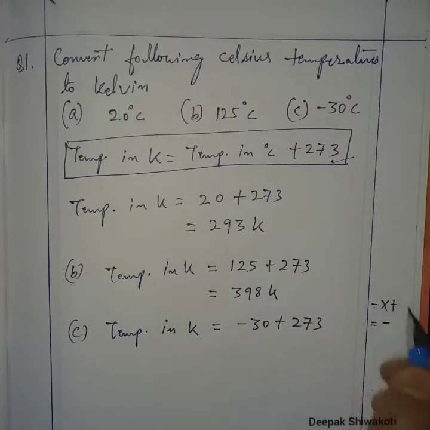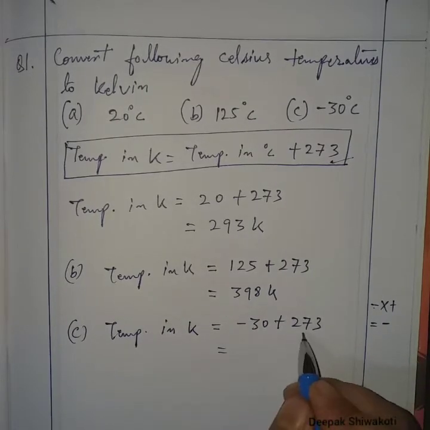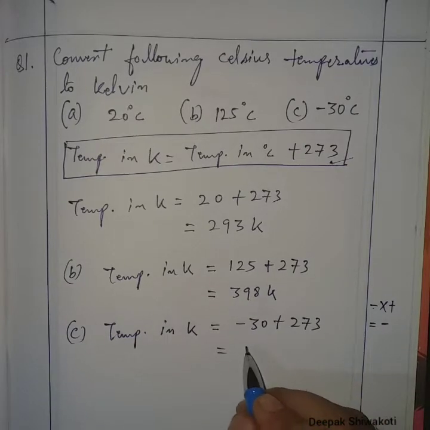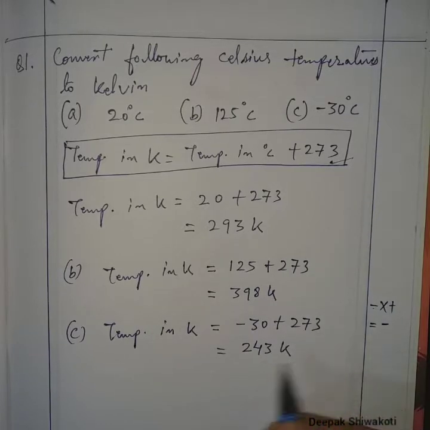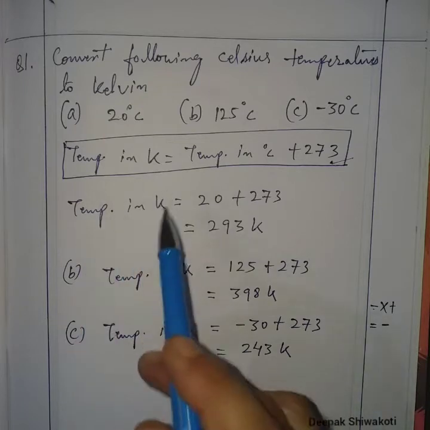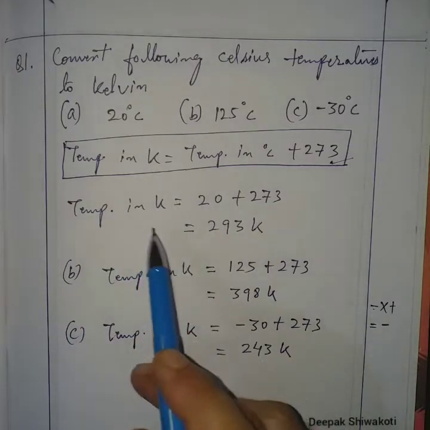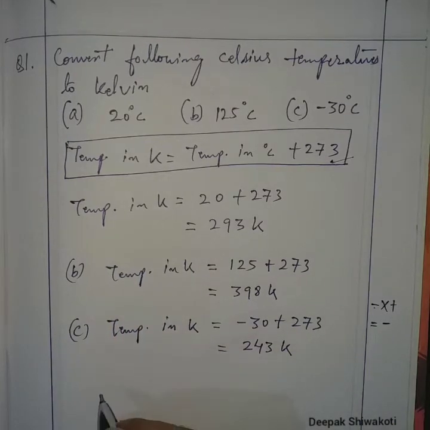This is the sign rule from algebra. So when you subtract 30 from 273, you will get 243 Kelvin. This way we have seen how to convert degree centigrade to Kelvin.